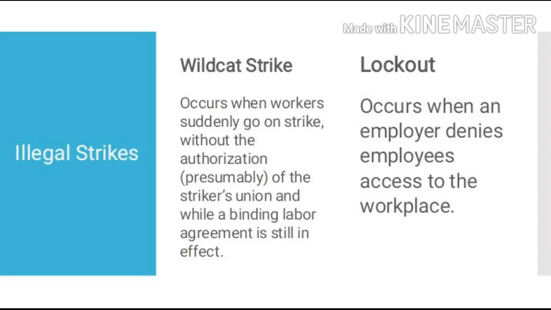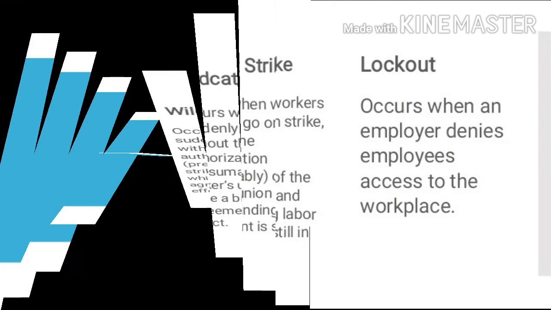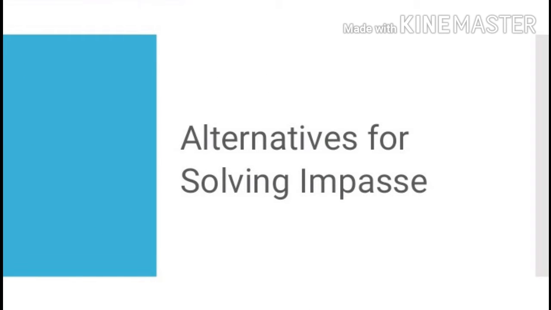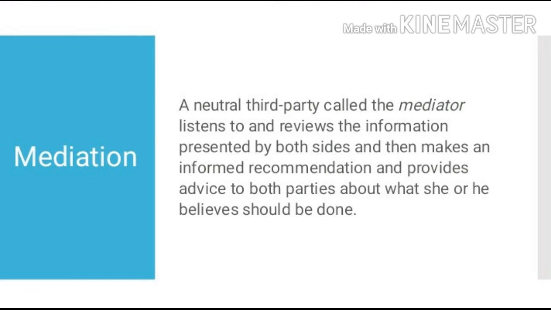Though in many situations, other alternatives for resolving an impasse are also available. Common alternatives include the use of mediation and arbitration. First, the mediation. In mediation, a neutral third party, called the mediator, listens to and reviews the information presented by both sides.